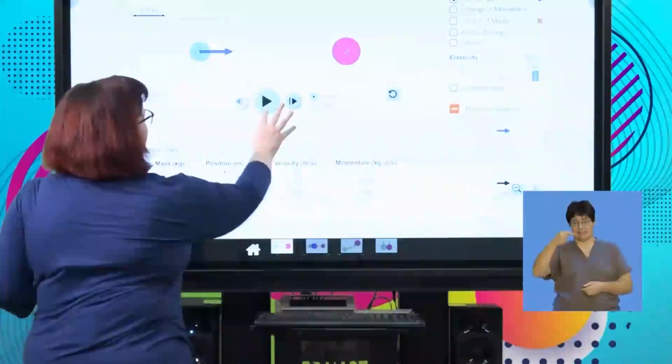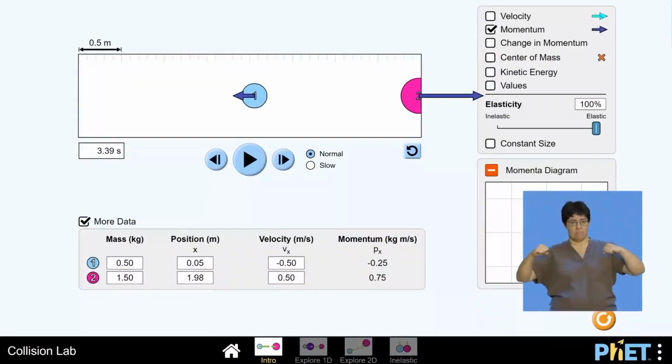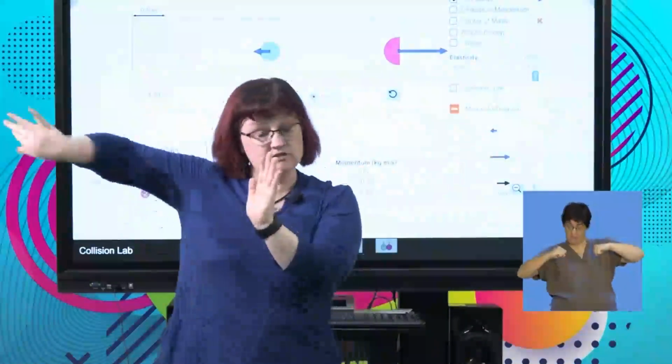Let's let them collide. Oh, now what happened? They collided. Number one went backwards. Okay, so it bounced off, and the second one started to move to the left. Oh, no, to the right. That's that way, to the right. Okay, so one was stationary, one hit it.